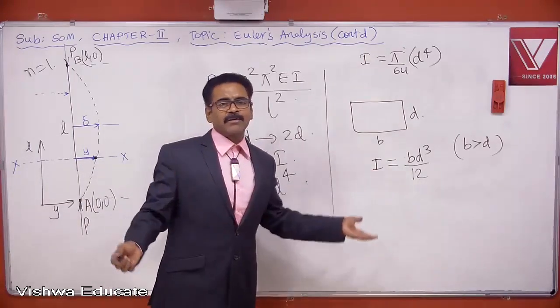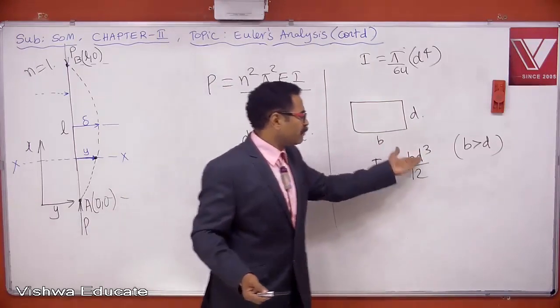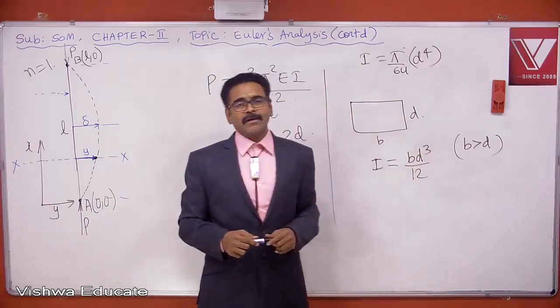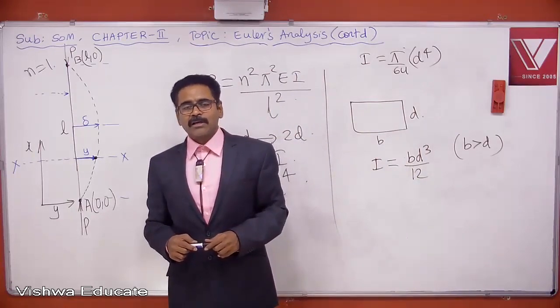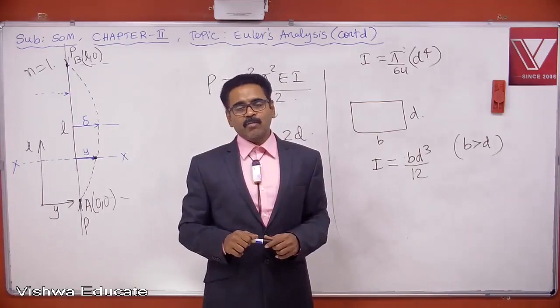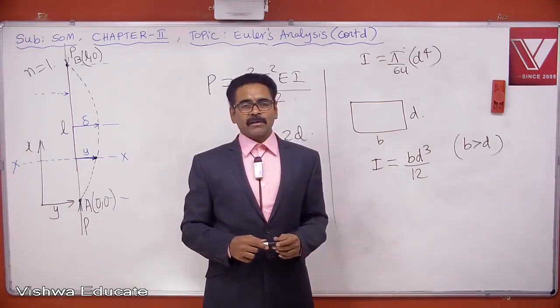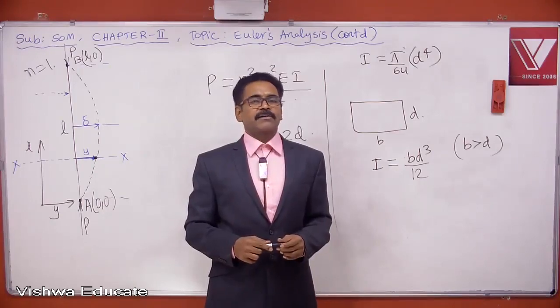When all dimensions are doubled, what will happen to I? B is doubled, D also doubled. Moment of inertia becomes 16 times the original moment of inertia. Obviously, Euler's critical load also will become 16 times.